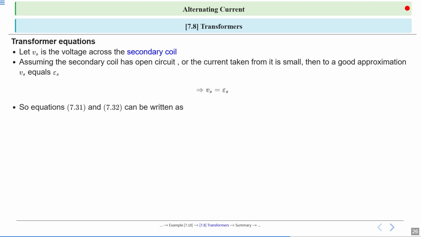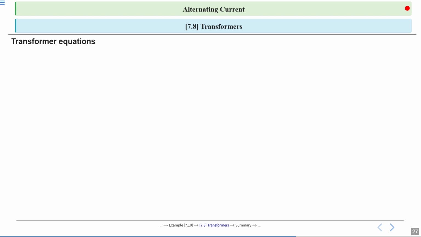So equations 7.31 and 7.32 can be written as Vs equal to minus Ns d phi by dt and Vp is equal to minus Np d phi by dt. So we have enhanced the equation. It was before epsilon S equal to this and epsilon P. We have replaced epsilon S with Vs and epsilon P with Vp.